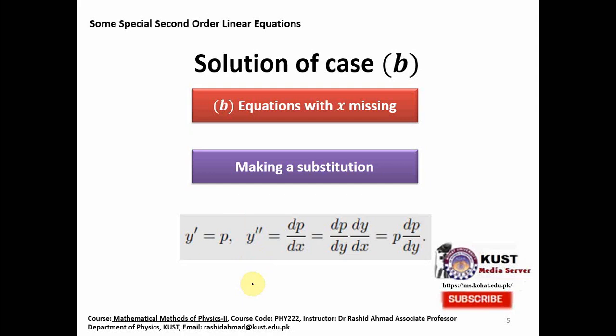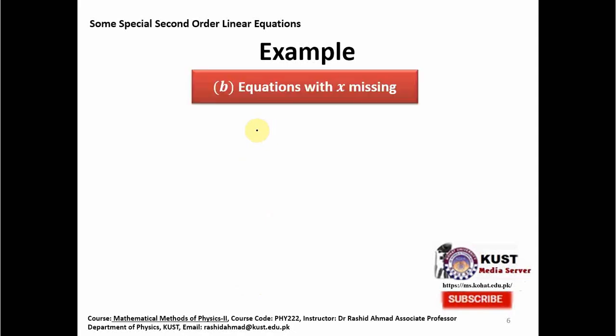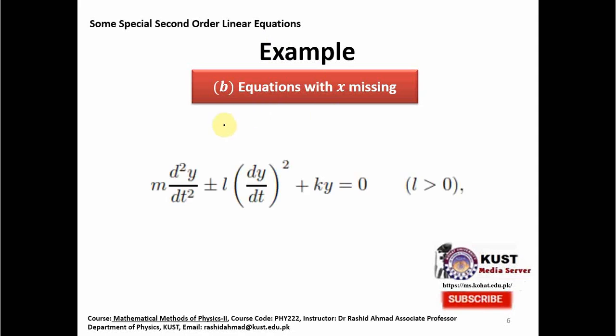In order to make all this explicit, I will now give you an example where you can see this happening. So let's take an equation, and in case b, case a is very similar to it, even simpler than case b. So let's talk about this equation. That's an important equation.